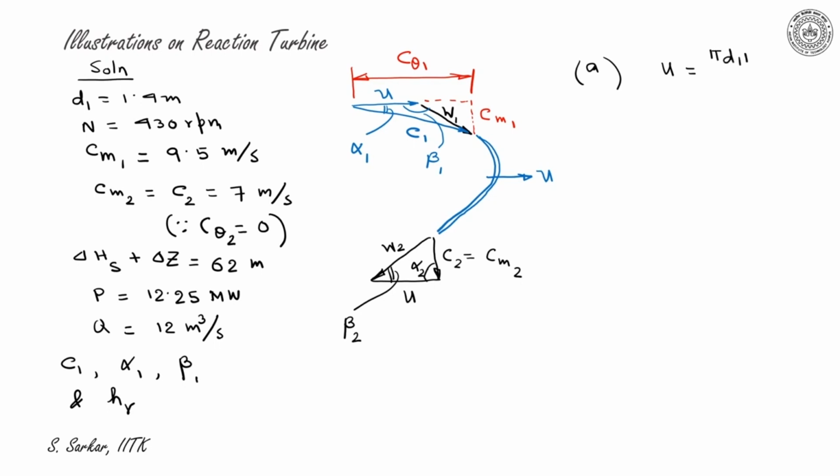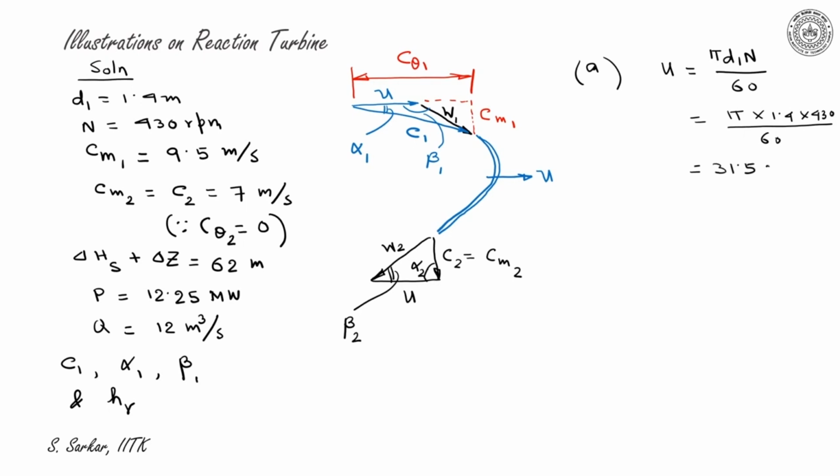Now I can say power developed P is equal to m dot (u1 c theta 1 minus u2 c theta 2) for a turbine. But here c theta 2 is equal to 0, so it will be m dot u1 into c theta 1.